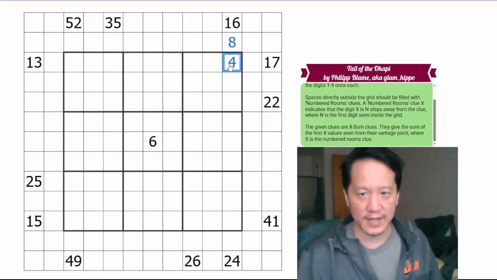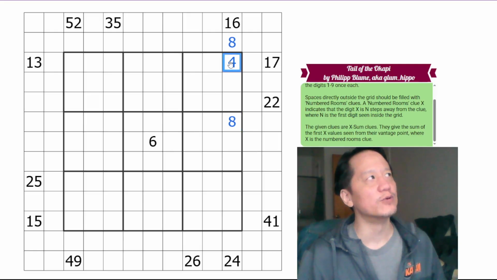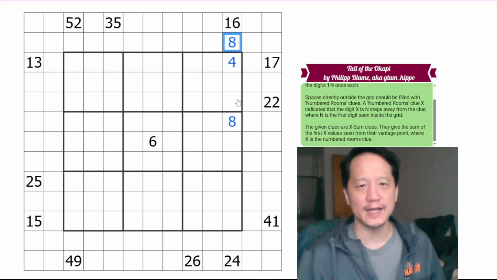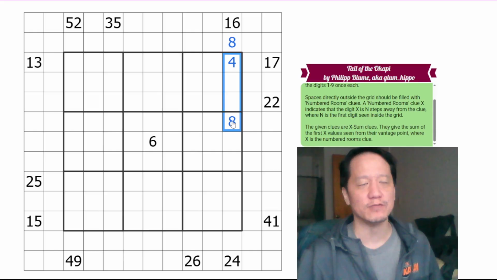So this is where the room is, so 8 has to be there. The room number is 4, and 8 has to appear in room number 4, which is why it's the numbered room. I believe that's what it means.